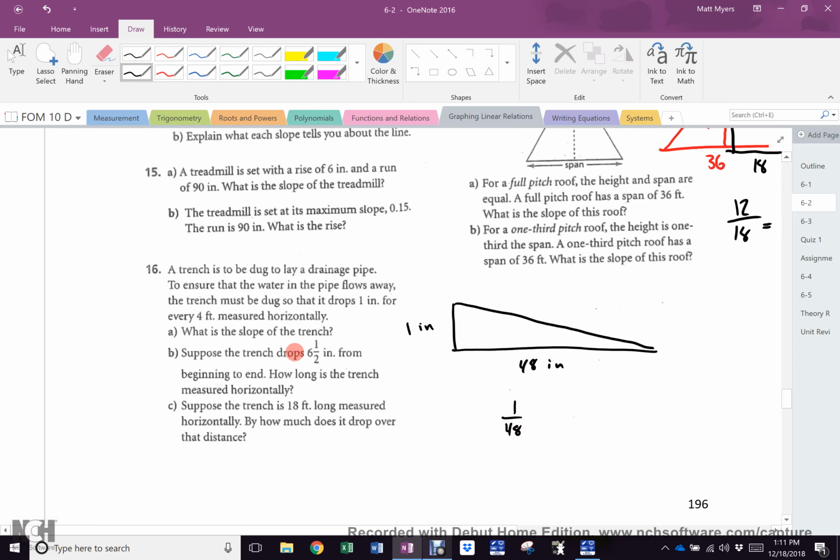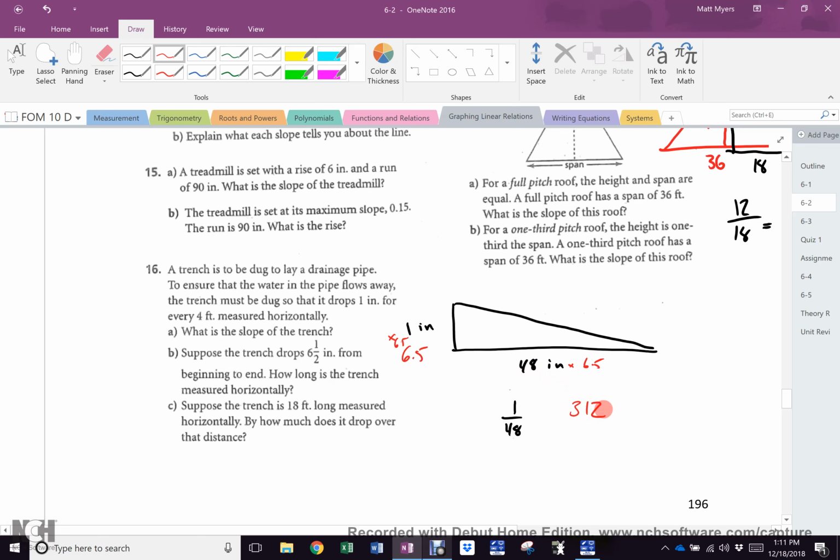Suppose the trench drops 6.5. So this is no longer 1. What is it now? 6.5. It's 6.5 bigger, right? So if this multiplied by 6.5, what does this multiply by? 6.5. 48 times 6 is 50 times 6 is 300 minus 12 is 288, and then half of that, 312. Okay?